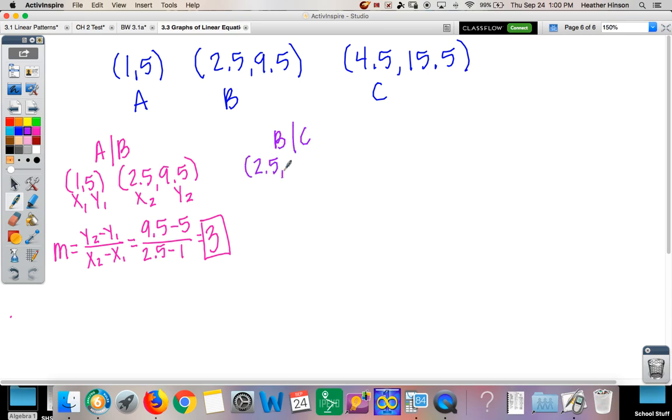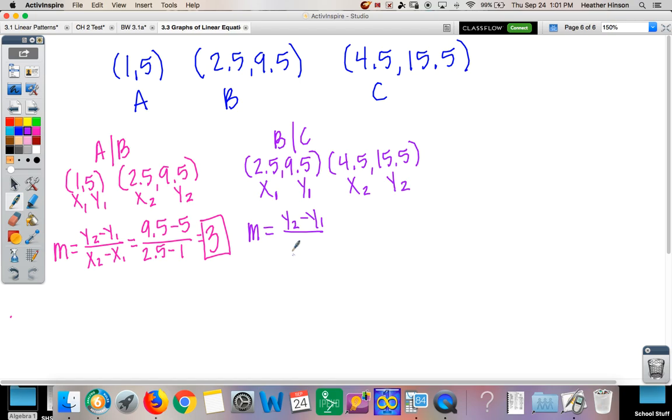So B is 2.5, 9.5, and C is 4.5, 15.5. So again, you have your XY point. The first point is 1, so we put 1s on those. The second point is 2, so we put 2s on those. And then we plug it in.